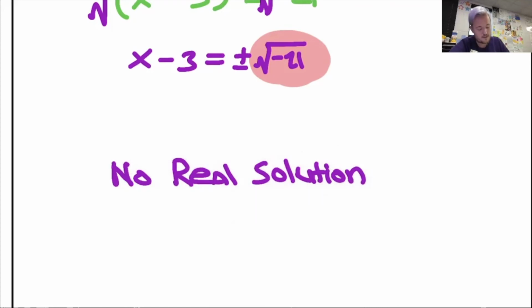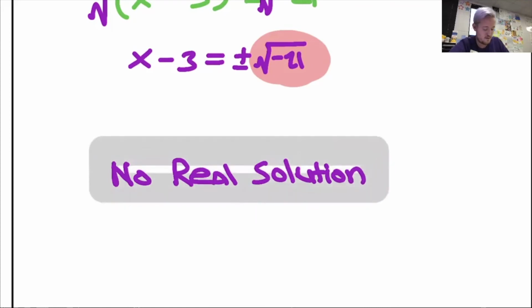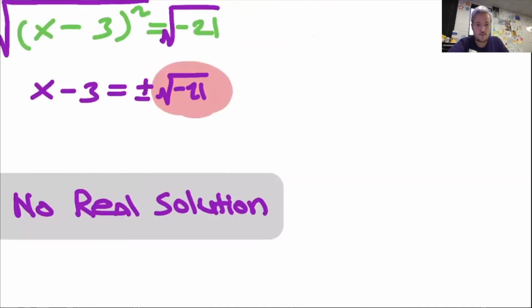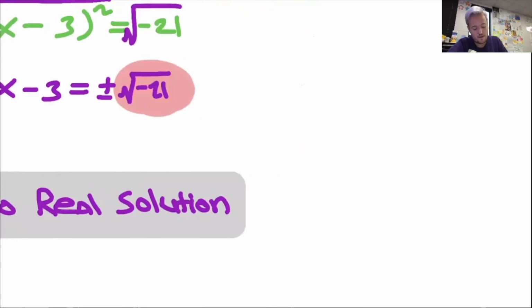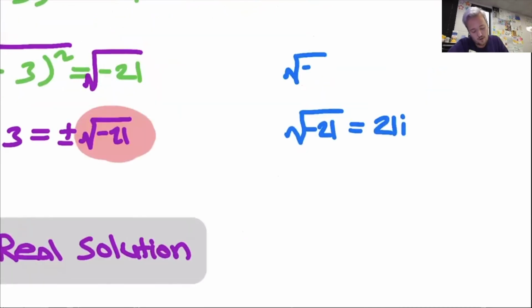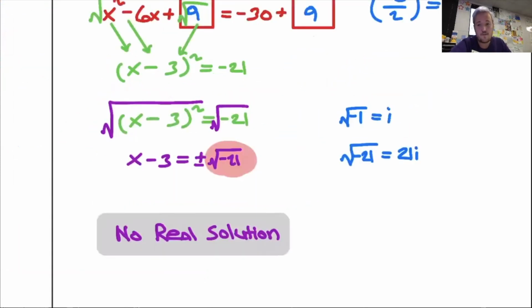Perfect. An arrow is exactly what I wanted. All right, so for any algebra 2 folks out there, if you were to do the square root of -21, this would be 21i. Because if you remember, the square root of -1 is equal to i. So you could go ahead and find the complex roots if you wanted to as well.